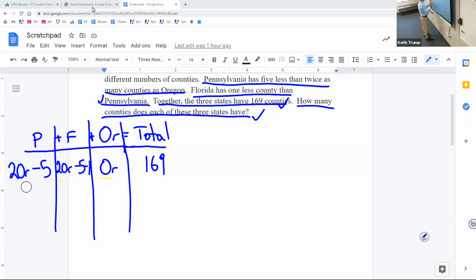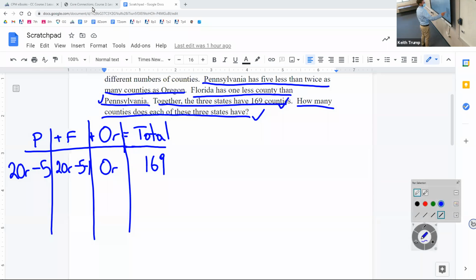That way, I would only have OR as my 1 variable, and I can solve a 1 variable equation. Now, in this video, I am not going to write the steps to solving a 1 variable equation. You can find that in a couple of my other videos, but you should kind of know these by now by this point. So we're going to add all of these together, and they should equal 169.